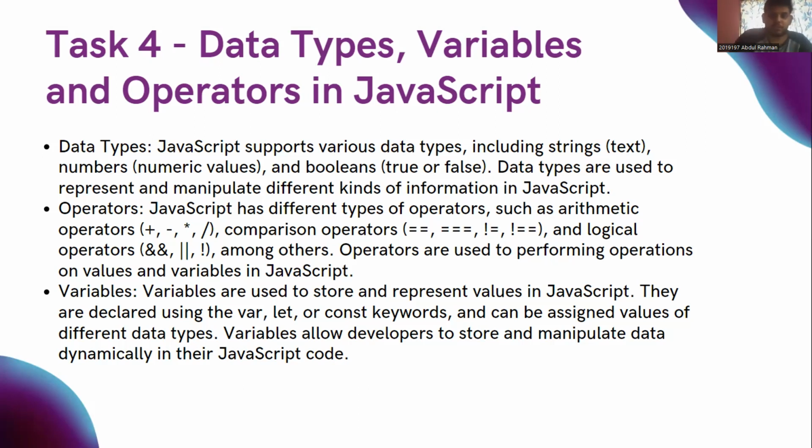Operators are used to perform operations on values and variables in JavaScript. And variables are used to store and represent values. The variables are declared using var, let, or const keywords, and these values are assigned different data types. Variables allow a developer to store and manipulate data.